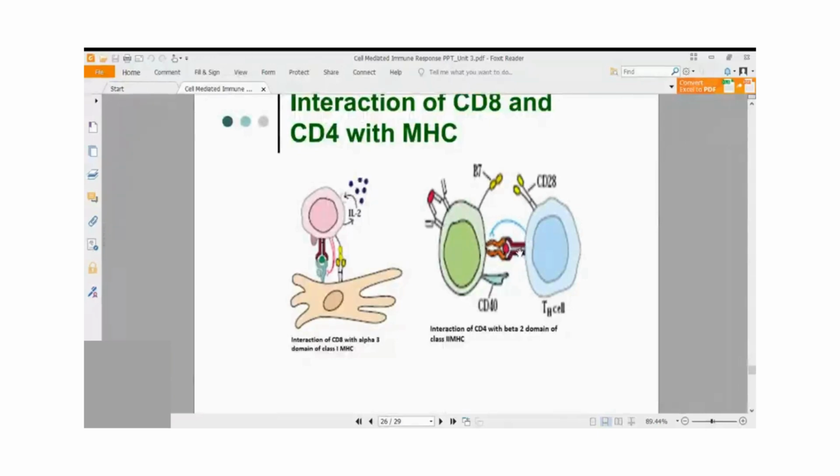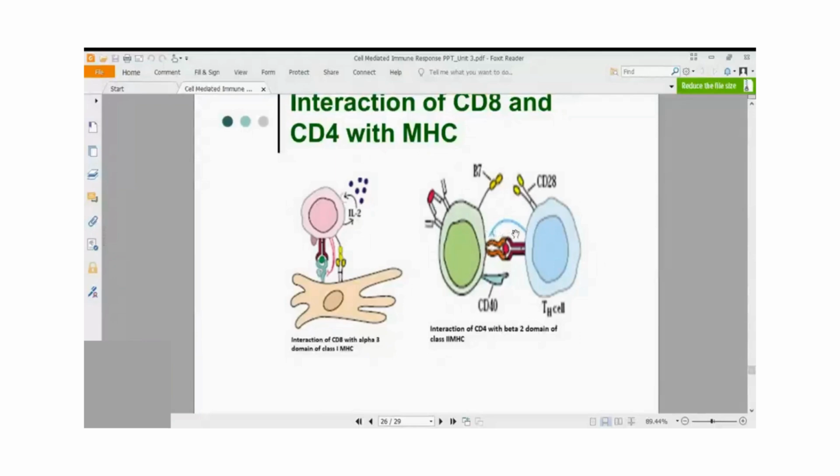At the same time, remember, the CD4 receptor was also responsible for the positive selection of the TH cell when the first precursor T cell came in contact with the thymic epithelial cell, and the thymic epithelial cell in the thymus was presenting the self antigen on the class 2 MHC. The first precursor T cell that came in contact with the class 2 MHC with the self antigen had established the contact with the beta 2 domain of the class 2 MHC through its CD4 receptor.